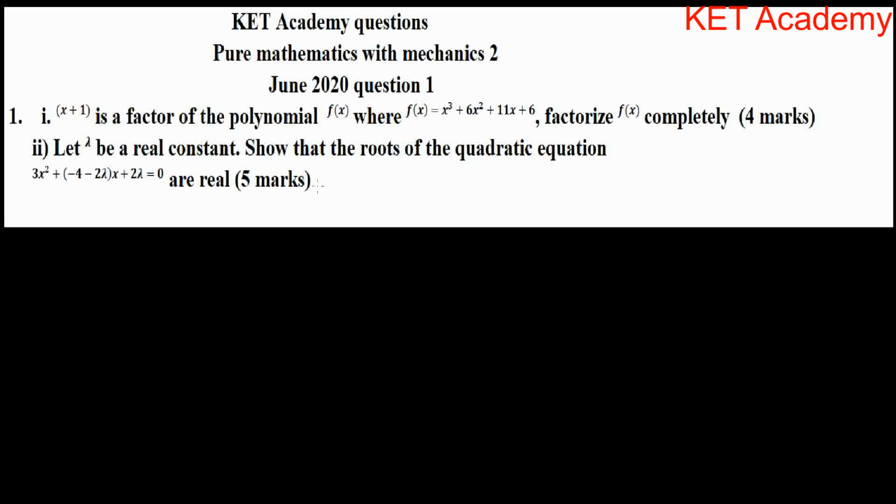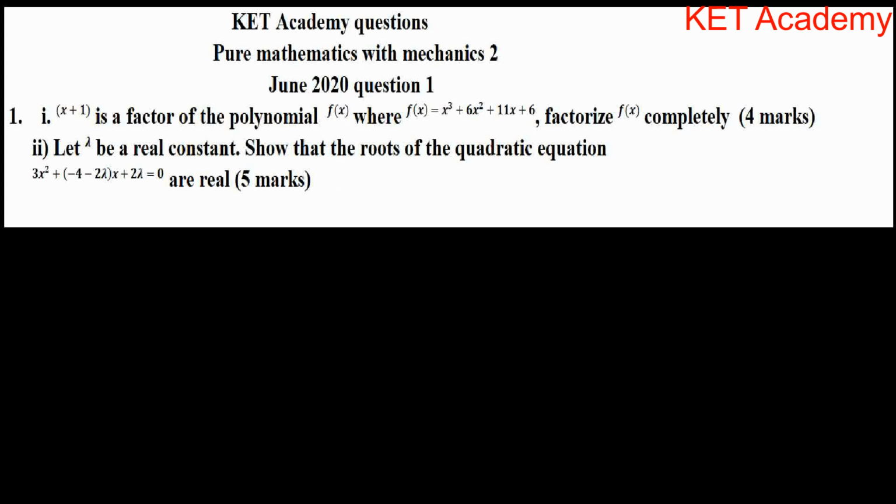So the first question says that x plus 1 is a factor of the polynomial, and the polynomial f of x is cubic. So in order to factorize f of x completely, we need to use the long division method to break down the cubic function to a quadratic and a linear function, and then we further break down the quadratic to two linear functions, either using the quadratic formula, the factorization method, the trial and error method, and so on.